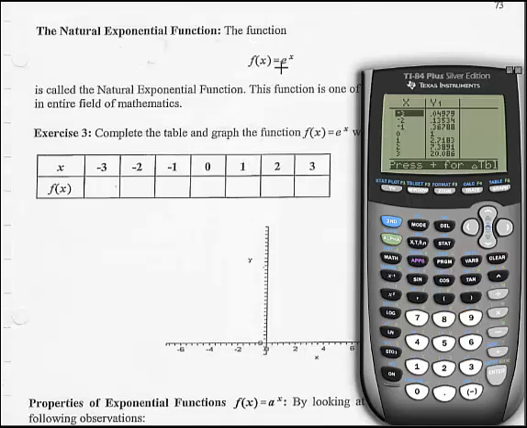So e to the 1 turns out to be 2.71 approximately. And if you read the workbook, that's the value that's given for E. E equals 2.71, and it's an irrational number, so these digits never stop and they never repeat.